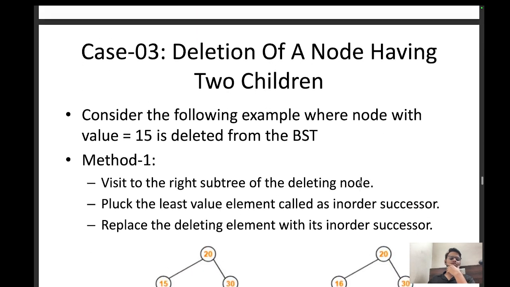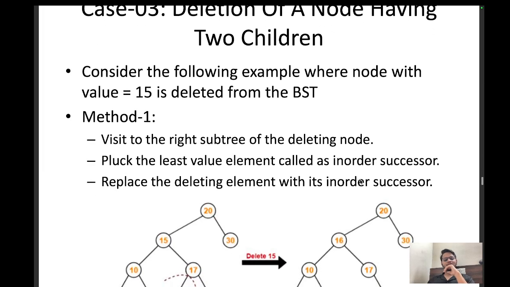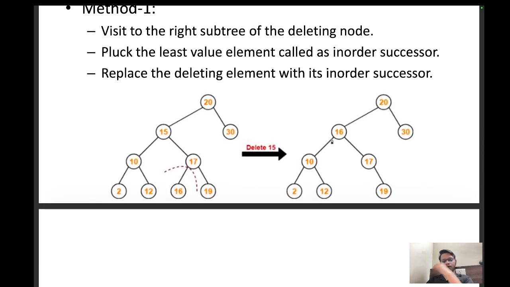Now here comes the deletion of a node having two children. This is the point which you have to keep in mind every time you delete a node in a BST. It has two methods. If you have a node which is having two children, you have to not just worry about one thing.